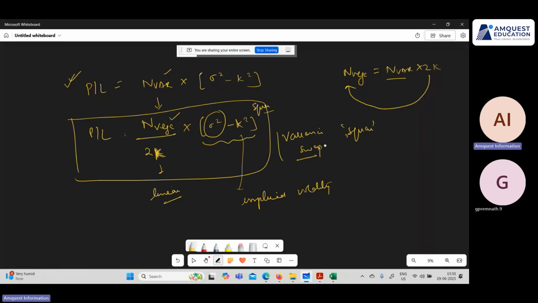The problem with this is that when you look at your profit and loss, for a small profit or a small loss, you don't see much of a change. But when you look at a large profit or large loss, the impact is huge, which means that the curve of this whole thing is actually convex. The reason is that this volatility is increasing or decreasing at a linear rate, and you see an impact in the square terms.